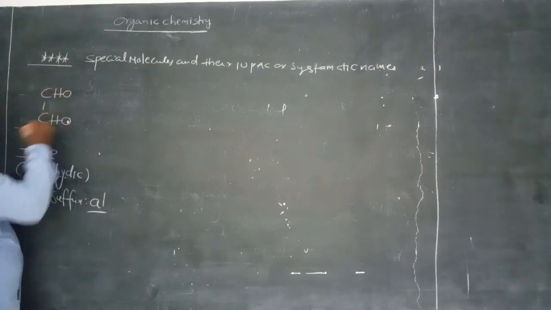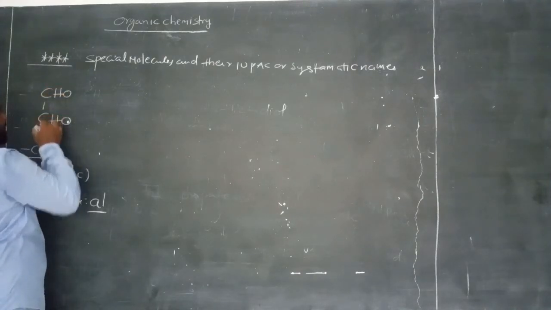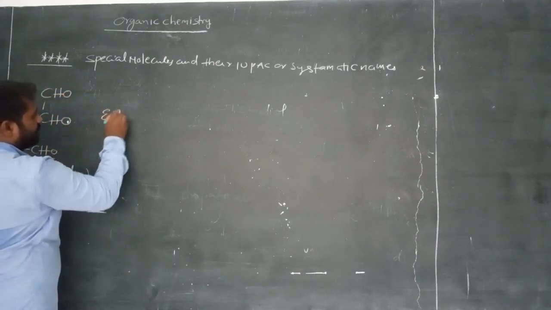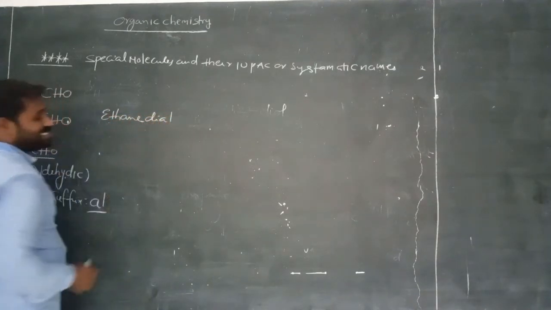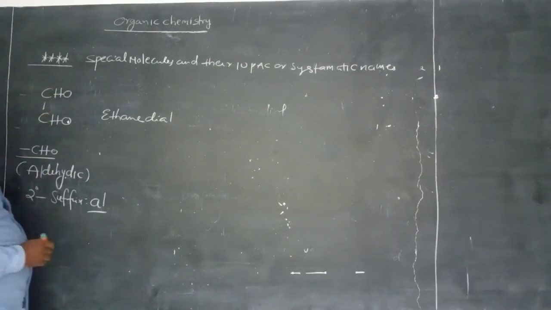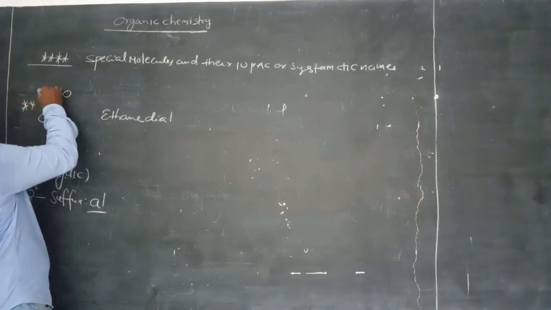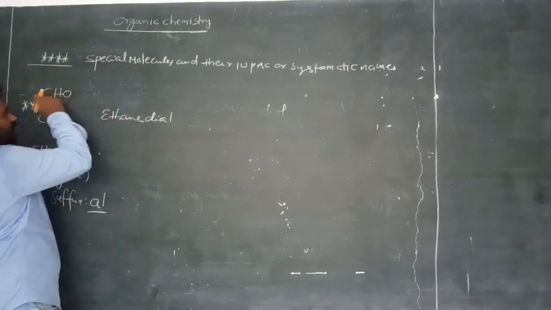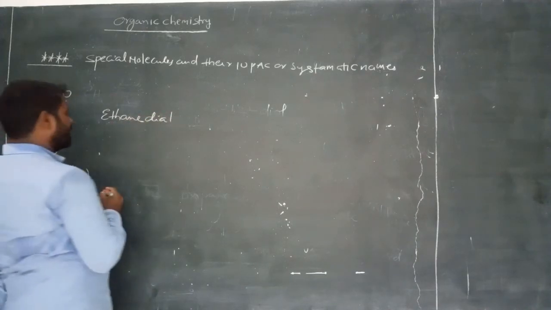How many aldehydes do we have? 2 aldehydes. So how many carbons? The longest chain consists of 2 carbons. So ethane, dial. Ethanedial. That means 2 aldehyde groups on a chain of 2 carbons. Okay.